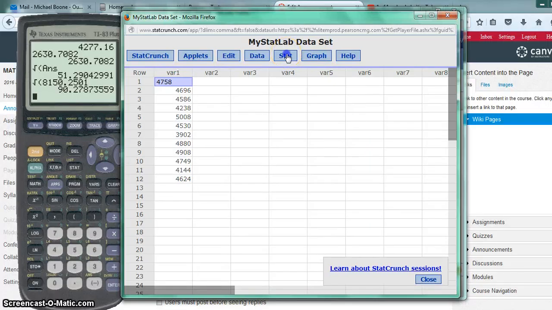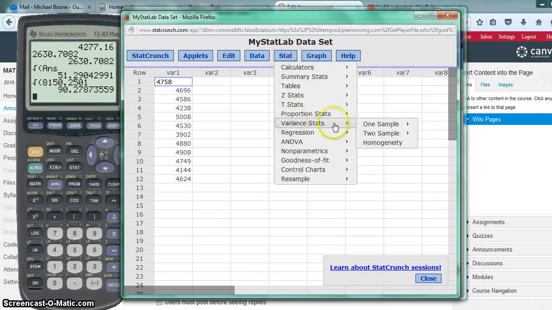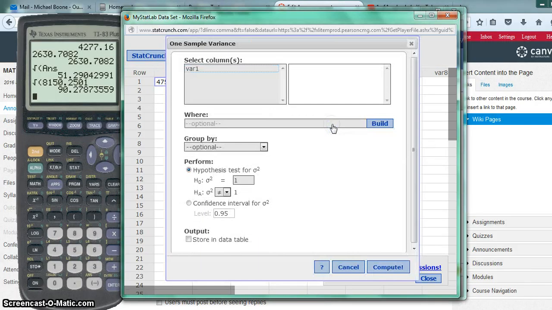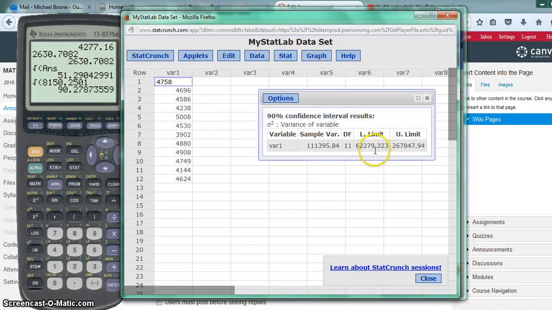Same thing as before: stat, variance statistics, one sample, and we're going to do it with the data this time. My data is in var1. We wanted to be 90% confident, and we hit compute. Again, these are our variances, so to figure out the population standard deviation, we would take the square root of this number and this number.